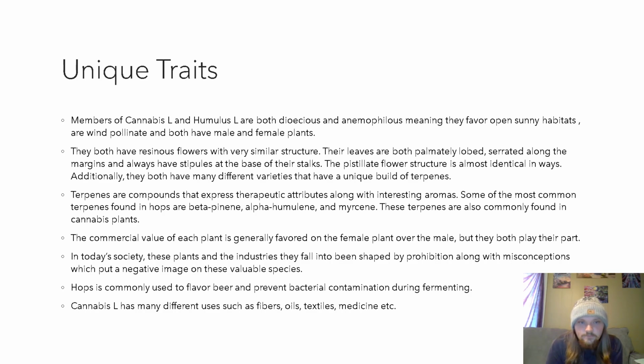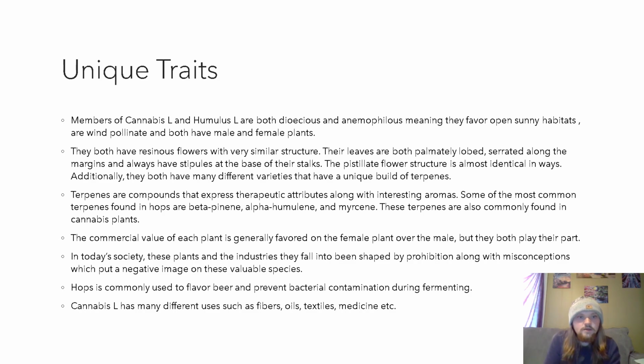The commercial value of each plant is generally favored on the female plant over the male, but they both play their part. In today's society, these plants and the industries they fall into have been shaped by prohibition, along with misconceptions which put a negative image on these valuable species, going all the way back to alcohol prohibition and prohibition today, even though we've made a lot of progress regarding prohibition in the United States.